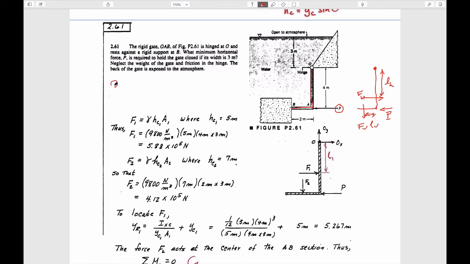And so if you write moments in the clockwise direction, then you have P times 4 meters has to be equal to FV times LV, this is also going in this direction, plus FH times LH.